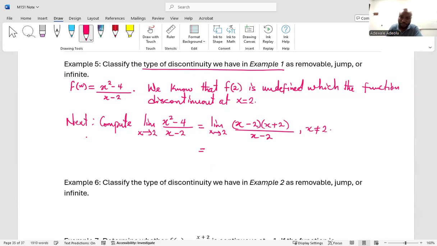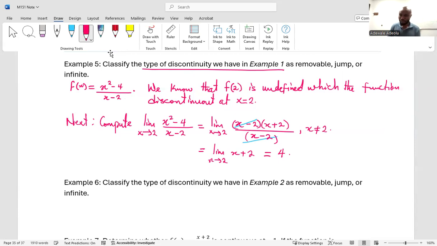In this case, we can say this cancels this, and we have the limit as x goes to 2 of x plus 2, which is equal to 4.